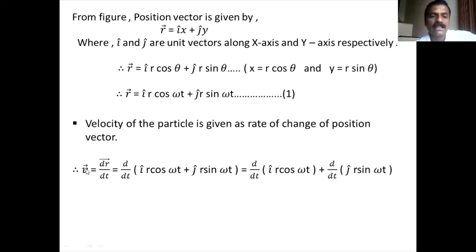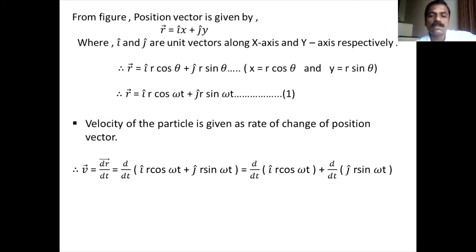It is written as v bar is equal to d by dt of r bar, the derivative of the position vector with respect to time. Now we can put the value of r bar by keeping d by dt as it is, and from equation 1 put the value of r bar, that is i cap r cos omega t plus j cap r sin omega t.